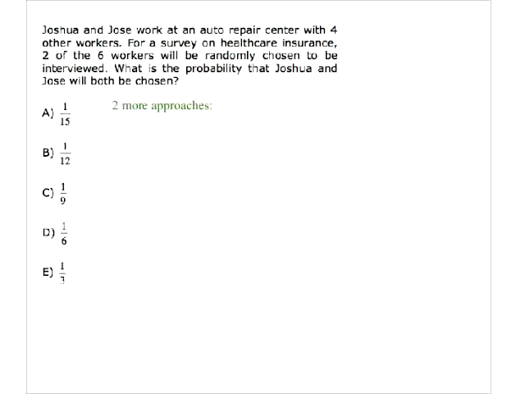One other approach is to say that for the first choice you get Josh or Jose, and then once you've got Josh or Jose, you have to pick the other one. So you can do a combined approach.